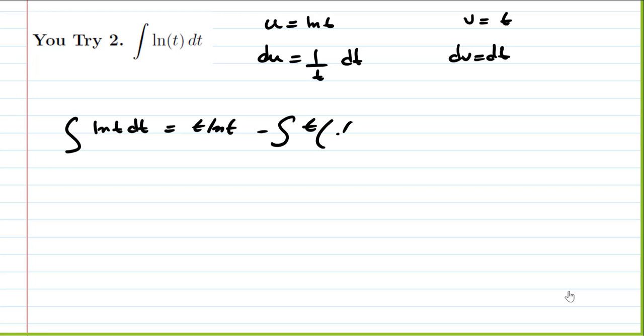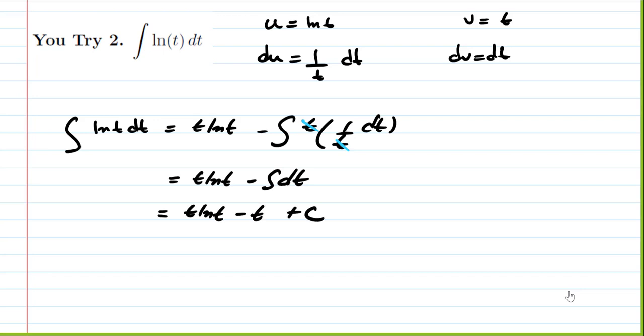So t times 1 over t dt, and our t's reduce out, and that leaves us with t ln t minus the integral of dt. So that's t ln t minus t plus a constant, right? So that's our antiderivative of the natural logarithm of t.